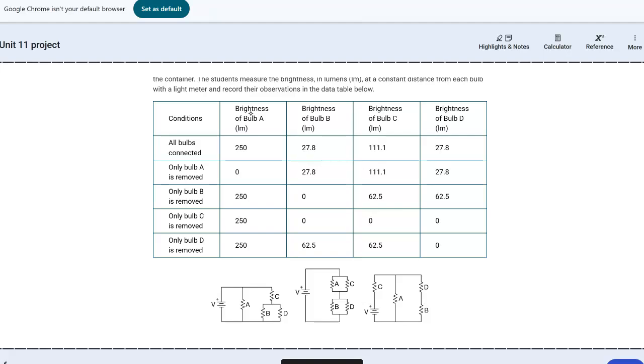And B, C, and D will all go to zero brightness when C is removed, because B and D are in series with C, so they're not going to get anything if C is removed. So they should all go to zero.